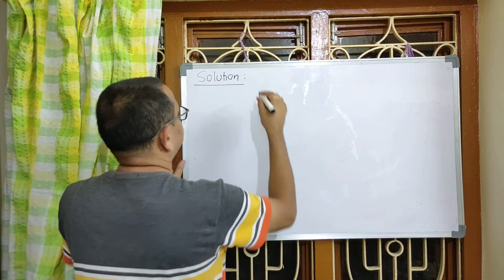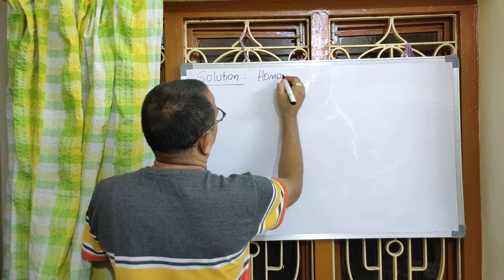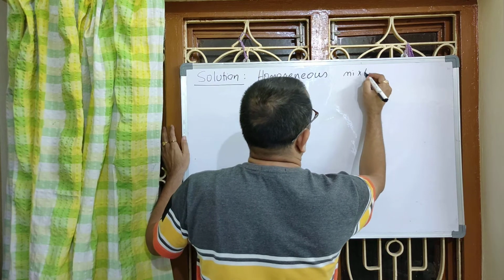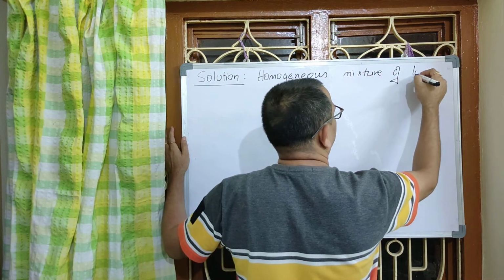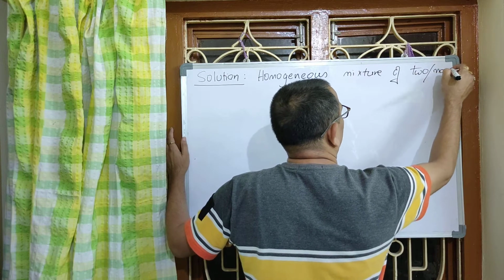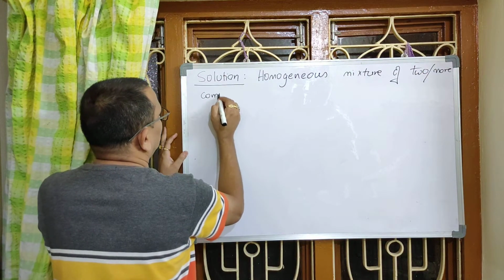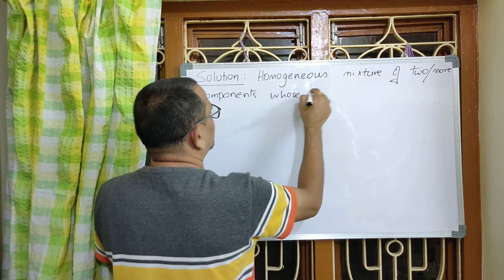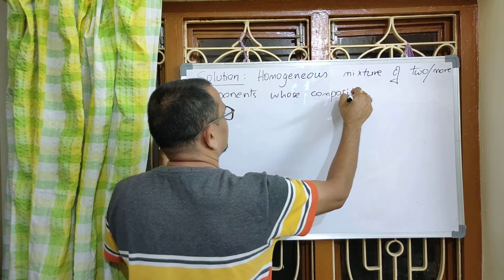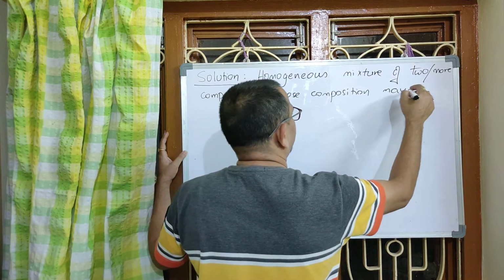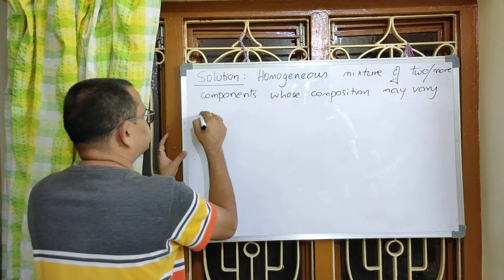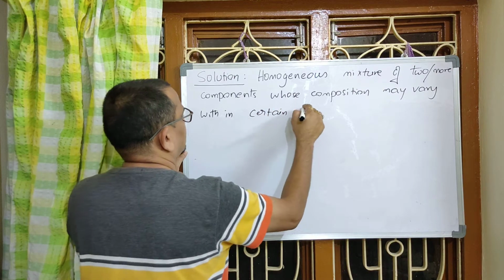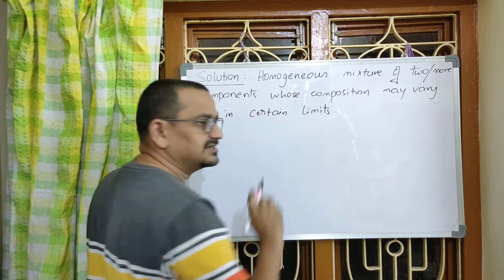Understood? See, what's the definition part? It is a homogeneous mixture of two or more components whose composition may vary within certain limits.